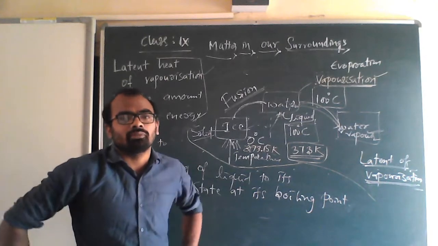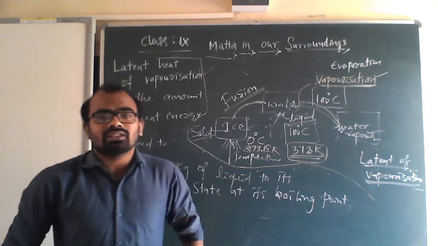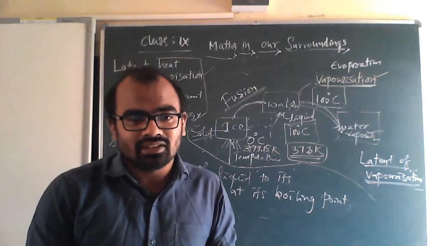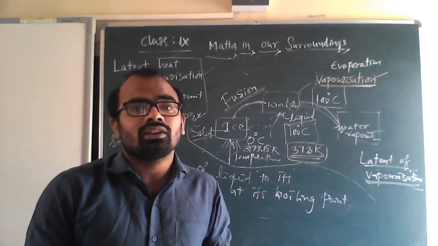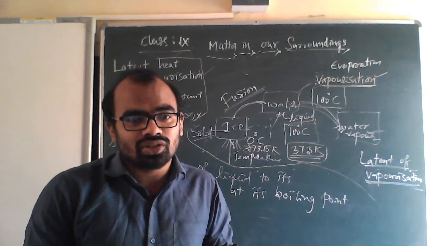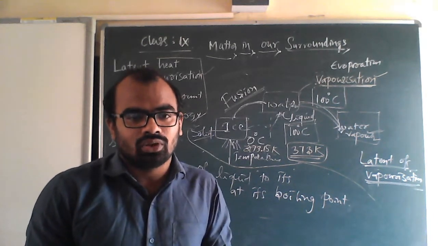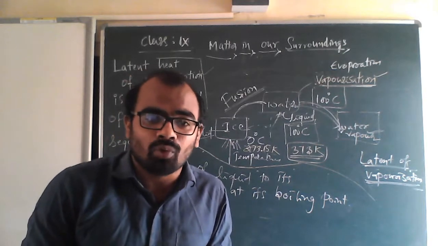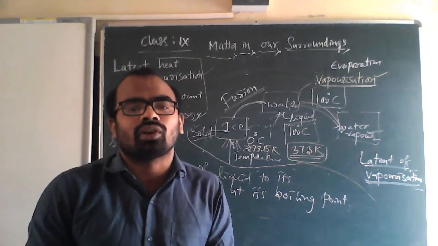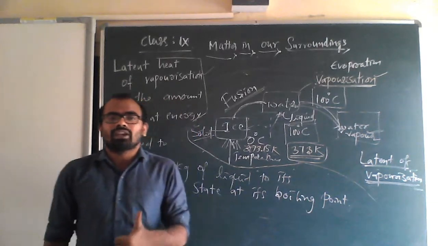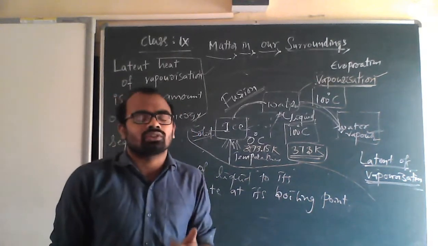In this class you have to remember what is fusion, what is latent heat of fusion, then what is vaporization, what is latent heat of vaporization. And what are the melting point and boiling point of water? The melting point of water is 0 degrees Celsius, and the boiling point is 100 degrees Celsius.